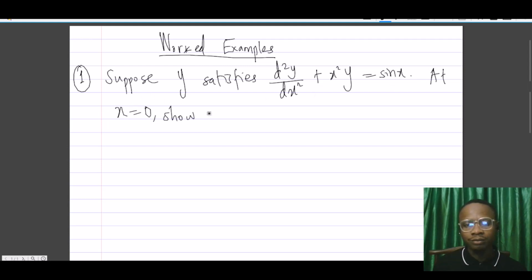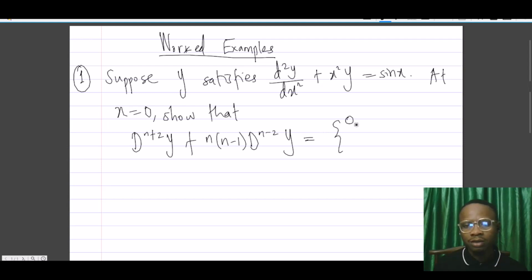Show that the nth derivative y sub n plus 2, plus n into n minus 1 times y sub n minus 2, equals 0 if n is even, and equals plus or minus 1 if n is odd.